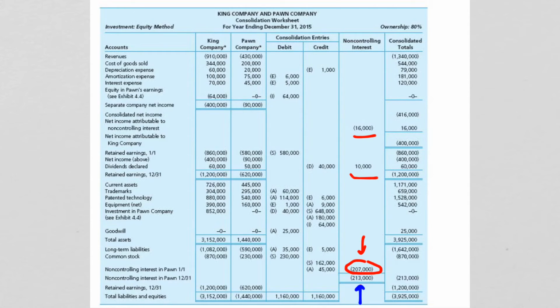Of course, to ask somebody like me to figure it out without having a student show it to me a couple years ago, that's a different story. But it is very intuitive. If you take the investment in the Pawn Company, since this is on the equity method, it means this is taken into account the changes in the equity account according to the equity method, which takes into account all the kind of entries that we make here every year for the amortization.